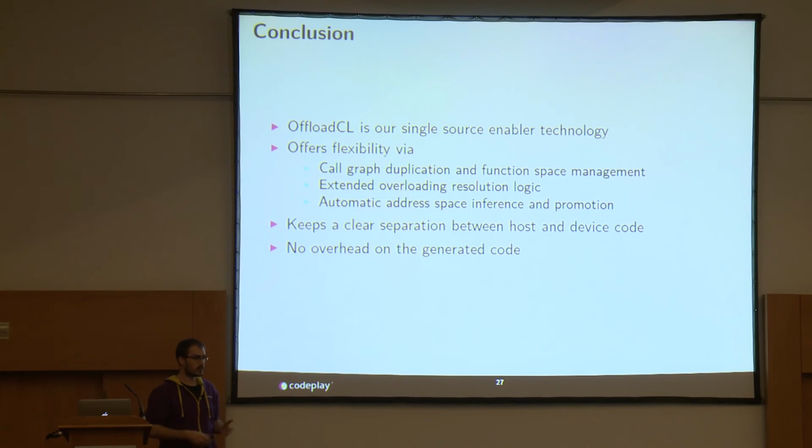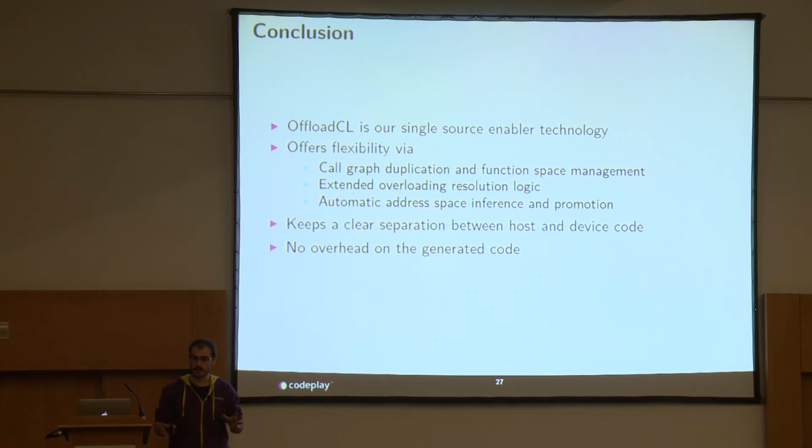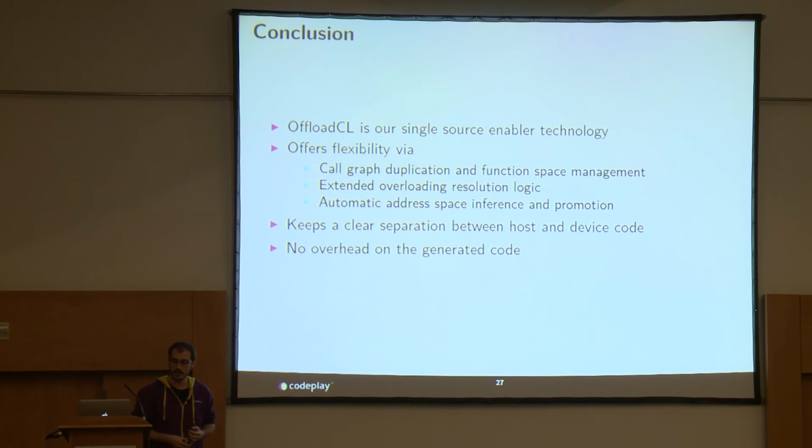With the excellent overload resolution logic we have, we are able to handle this properly and maintain all the C++ rules that we want to maintain. And thanks also to the address space inference and promotions, we do all this in the front end. So when we generate final code, everything is already there. We don't have to infer new address spaces and such.